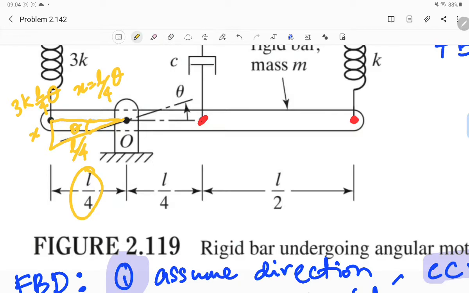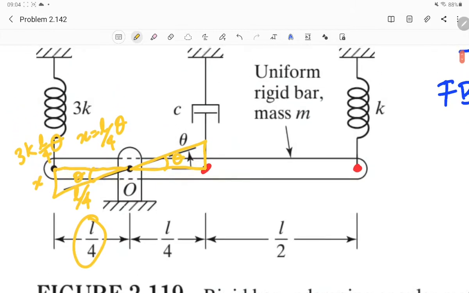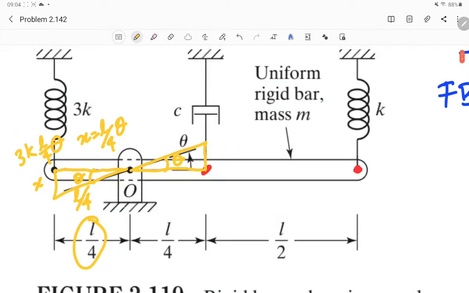Maybe I'll draw again. There's also a small triangle here with theta. So C is also a linear damper. Assume your displacement here is x, and the radius here is L over 4.